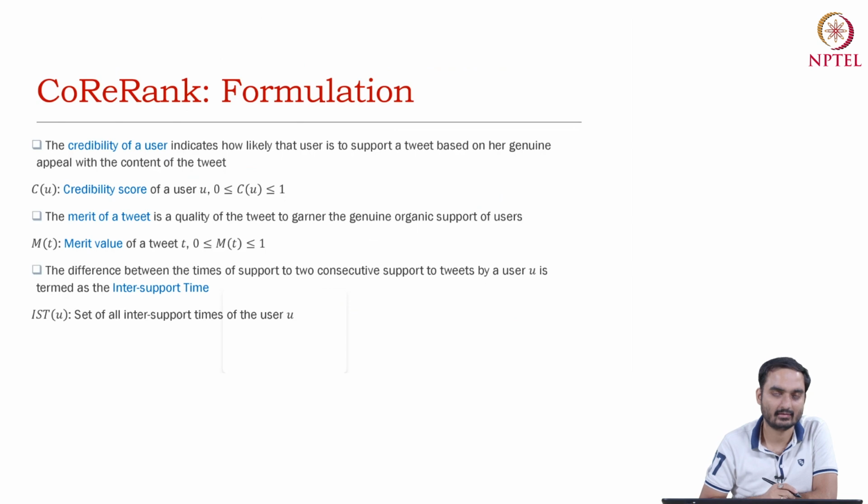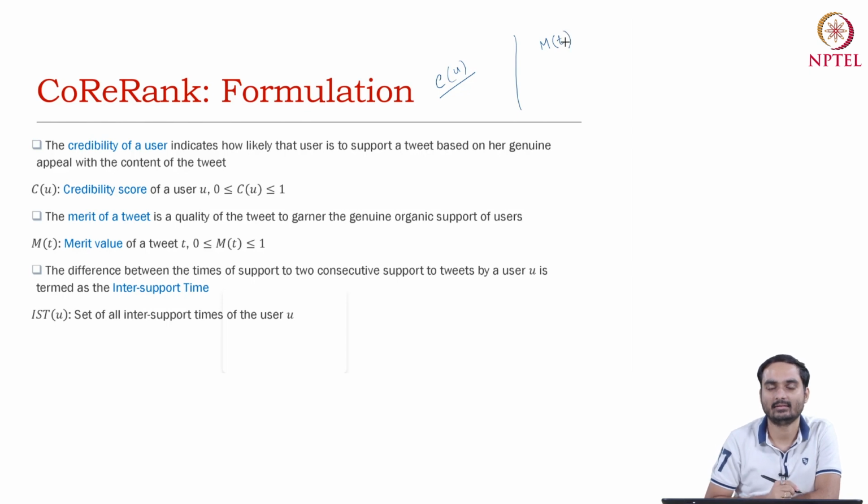Then we propose something called the credibility of a user. The credibility of a user U, denoted by CU, is determined by the number of meritorious tweets the user has retweeted so far.